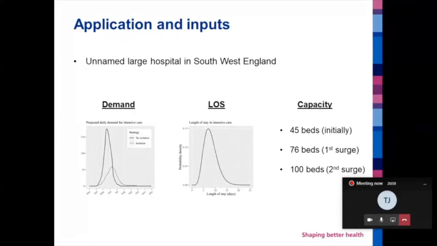The middle graph then is the length of stay, and we've got this from a recent study of a couple of weeks ago, indicating around an 8-day mean length of stay in intensive care.